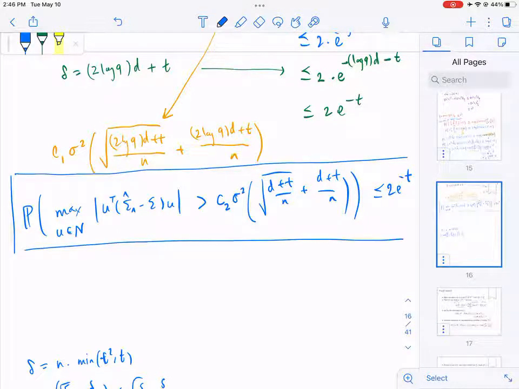If you want, you can rework this, further upper bounded by root d over n plus root t over n. I wouldn't suggest doing this. I mean, this is already good. But if you want, you can do this, and then transfer this back into this, and you get a minimum.